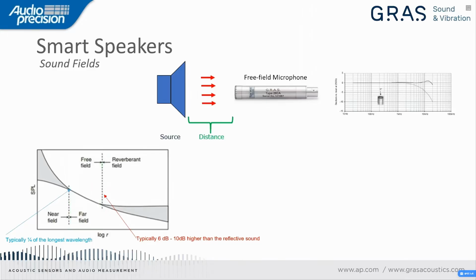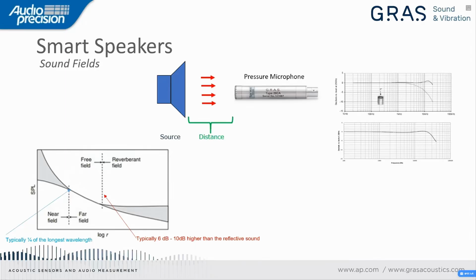So we talked about free field and near field pressure measurements. We could also change the microphone to a pressure microphone. And if we do so, then of course we have to look at the pressure field.